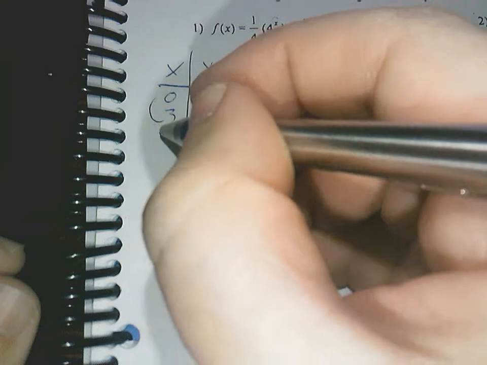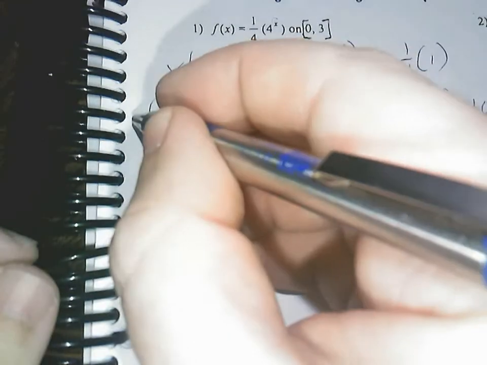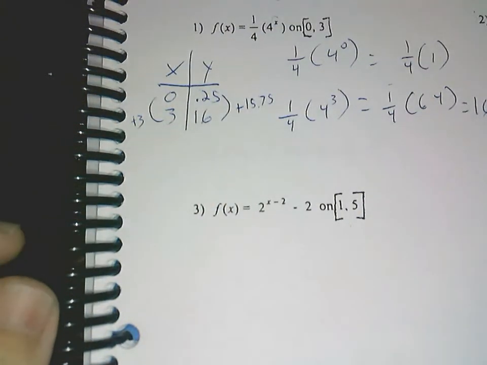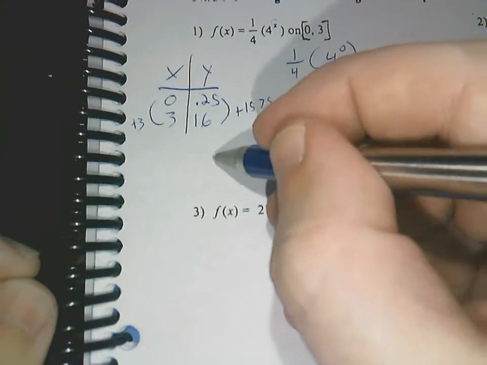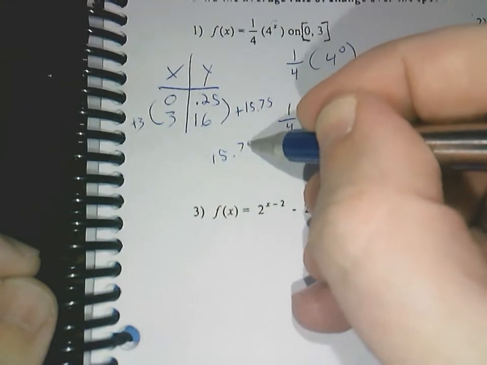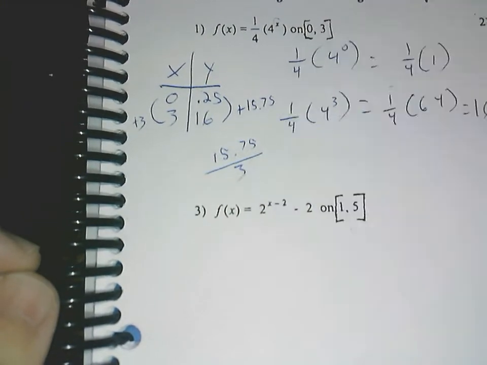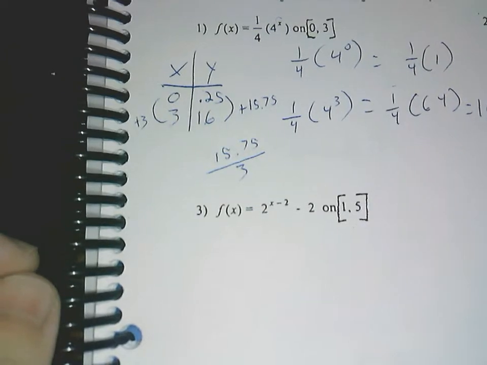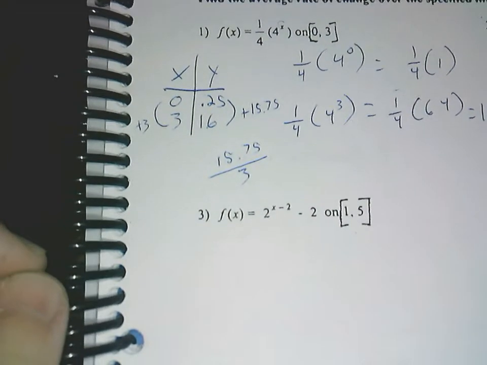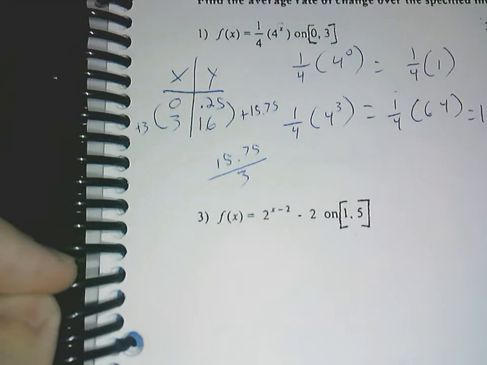And then from 0 to 3, I added 3. So I could write that as 15.75 all over 3. And that would be your average rate of change.